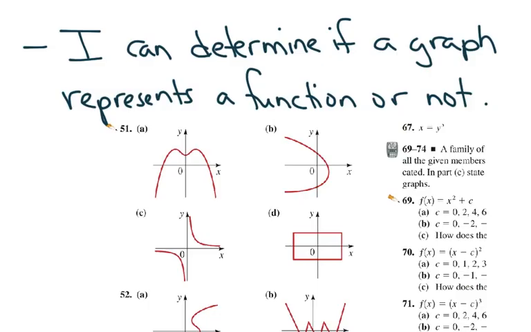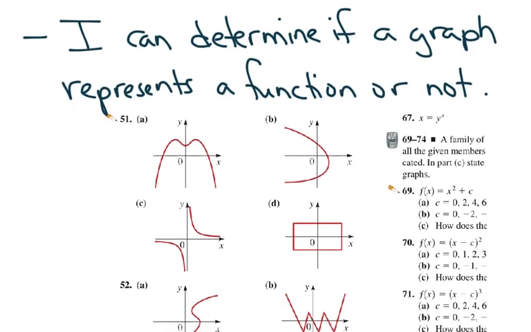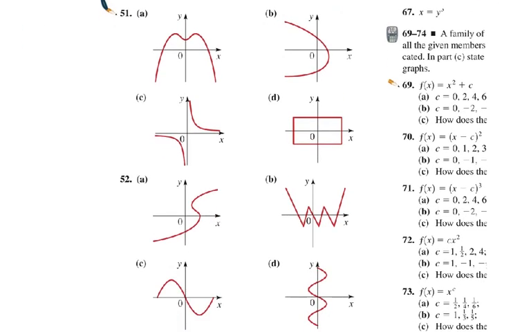The other objective from this section: I can determine if a graph represents a function or not. When you're looking at a graph, the easiest way to tell if it's a function or not is to do that vertical line test. There's actually something called the horizontal line test. We're going to use that in another section in this unit. So, vertical line test. It doesn't matter where I put the vertical line. As long as I never hit the red curve in more than one place, it's a function.